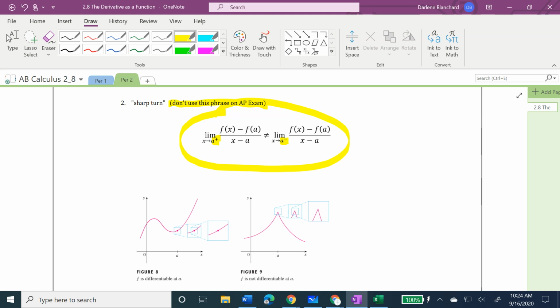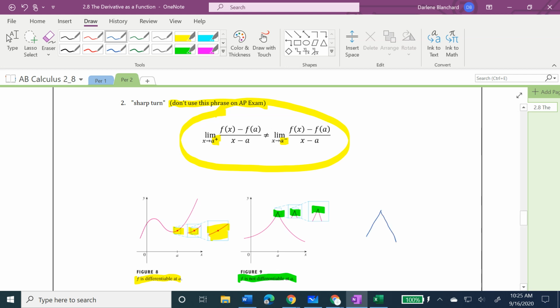Visually, we can see this difference when we do have differentiability. When we zoom in on a curve, it gets straighter and straighter, becoming as straight as a line. If we are not differentiable at a, then it doesn't matter how much we zoom in, we will actually start seeing something that looks like an absolute value of x graph.